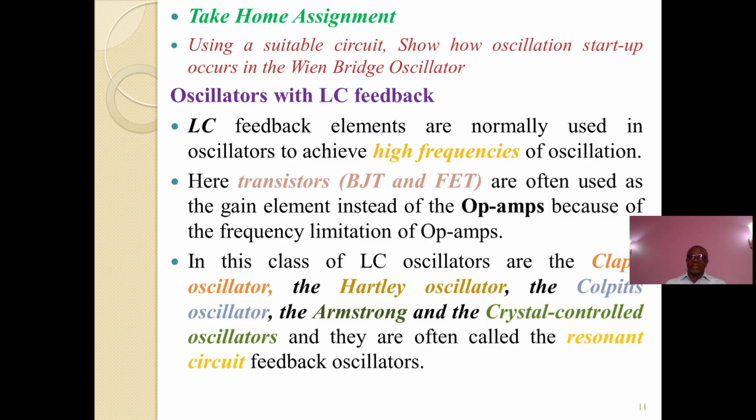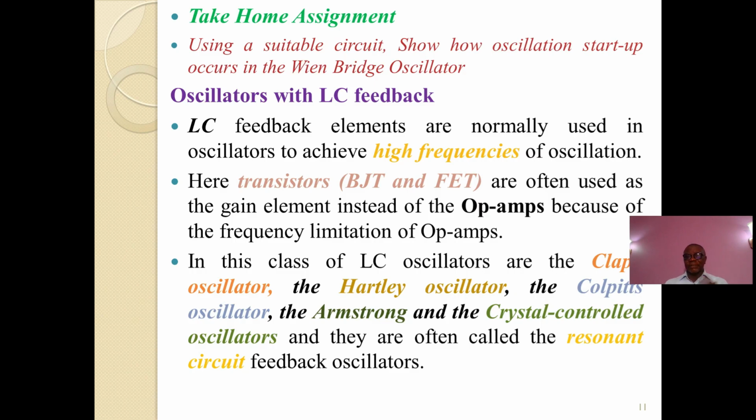Wien bridge is a good example of oscillators that make use of RC. And in that group, we also have the Hartley oscillators, the phase shift oscillators, and the twin-T oscillators.